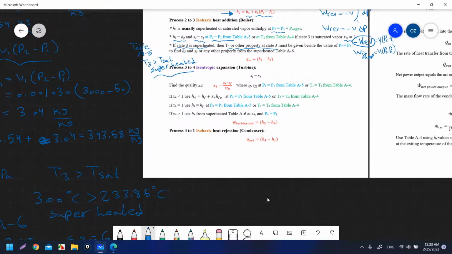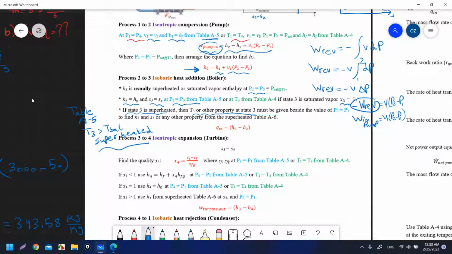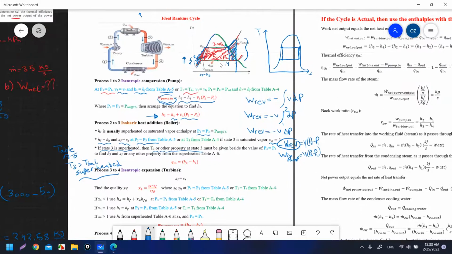To find H4, it depends. If the point is here, before the saturated vapor line, if the working fluid is a mixture, it means that the quality at state 4 is less than 1, and of course higher than 0.